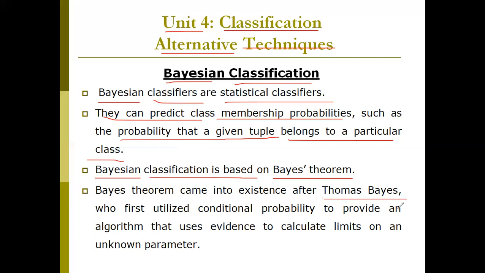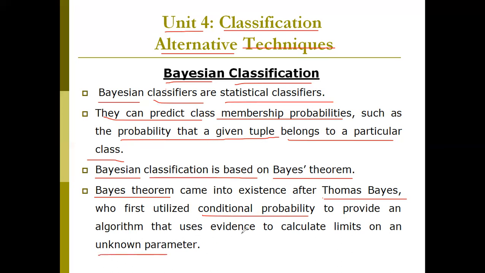The Bayes theorem came into existence after Thomas Bayes, who finalized conditional probability to provide an algorithm that uses evidence to calculate limits on unknown parameters.